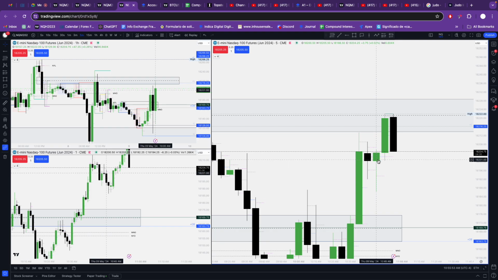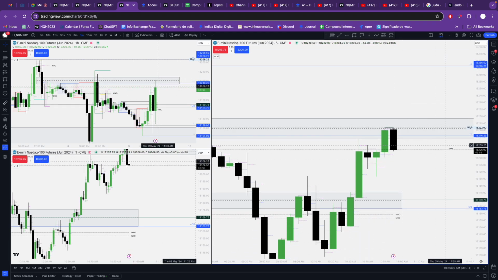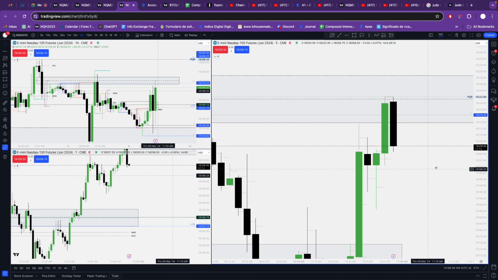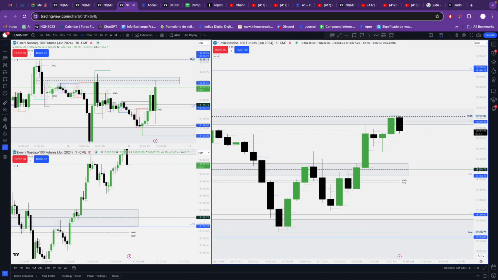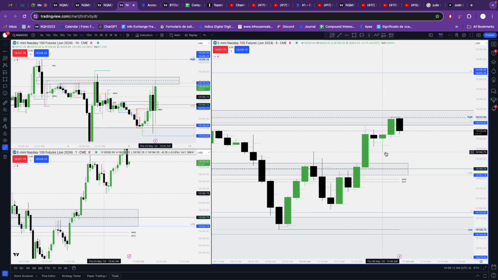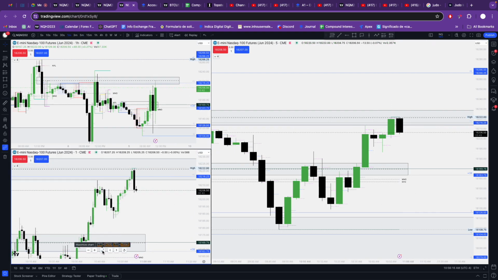Are we in discount or are we in premium? And so I saw that we were in discount and we're flipping over to premium. So I said, okay, let me get out and go in. And look, as you mentioned, we go right to this fair value gap, equilibrium of it. Perfect. So, and look, this is stage one, and here is stage two right here. Boom. Dang, we could have made this one too.